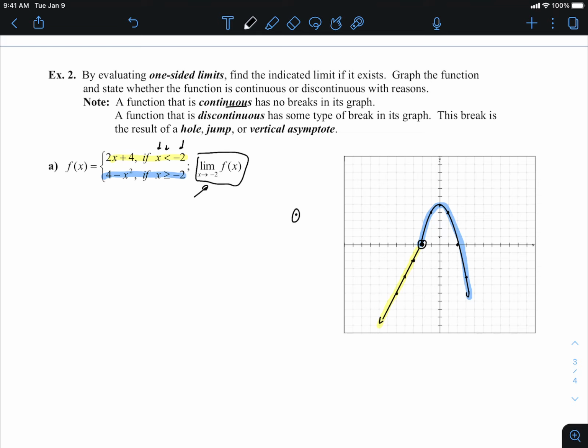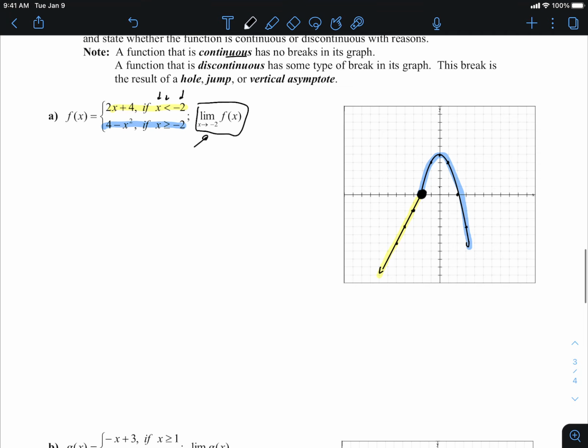So we get just the point, and the graph is continuous there. I can fill in this hole with the point, and it tells me that it's continuous. Sometimes it's easy to see right off the graph that something is continuous versus not continuous. So we know f of x is continuous based on the graph.